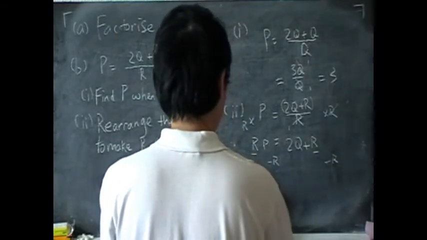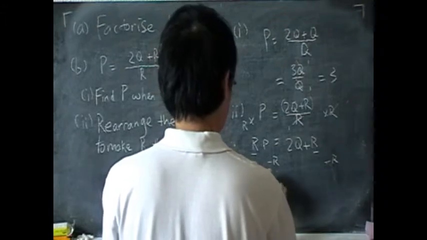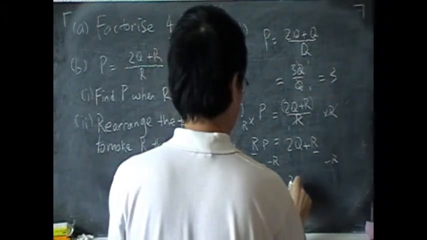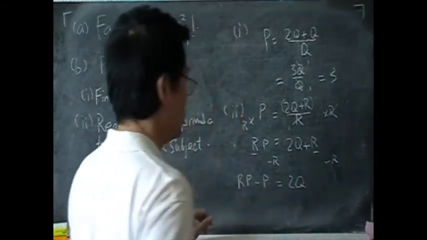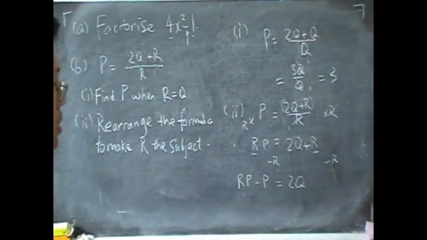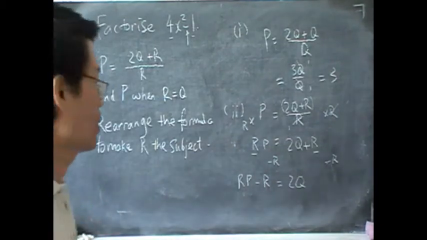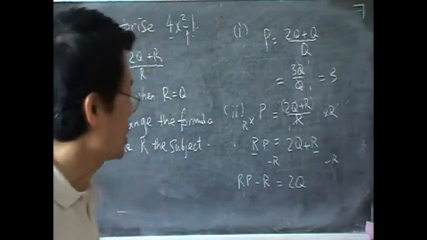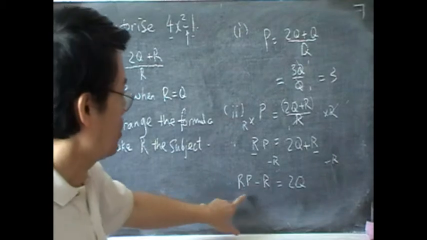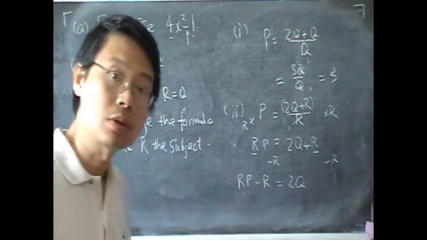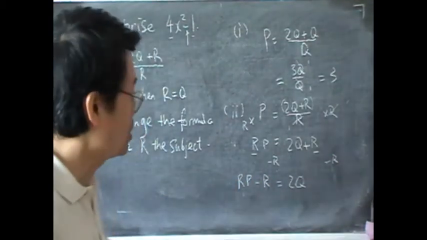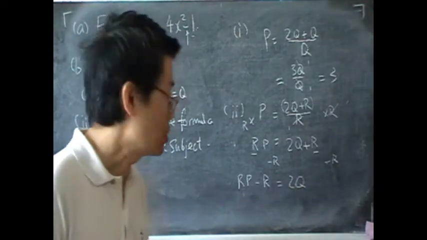I have RP minus R is equal to 2Q. To make R the subject, we must have only R on one side of the equation and no R on the other side.